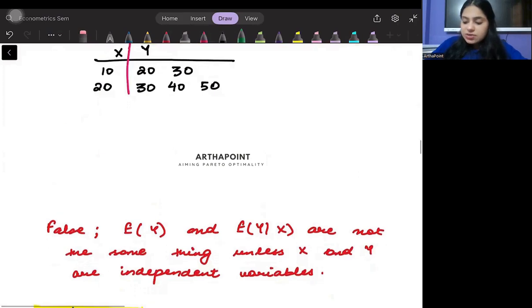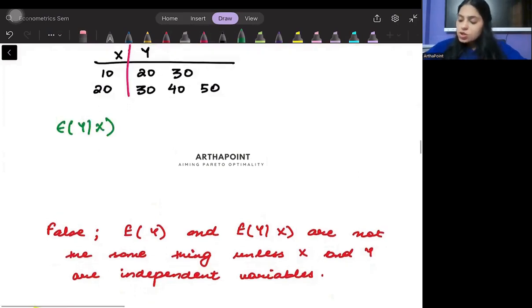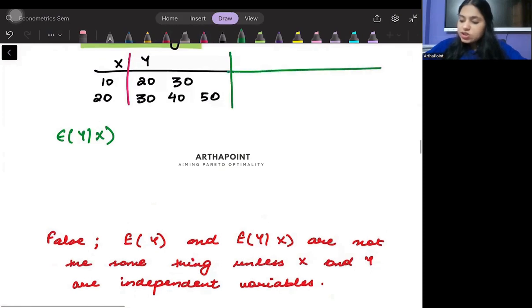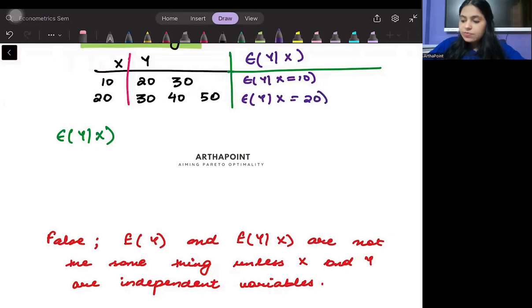But a conditional mean is E of y given xi. So if I were to find the conditional mean, I would do E of y given x. Here it would mean E of y given x is 10, and here E of y given x is 20.